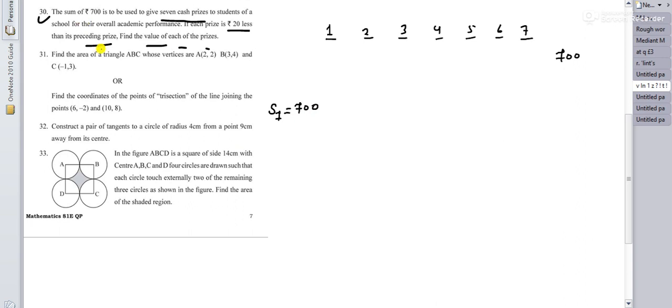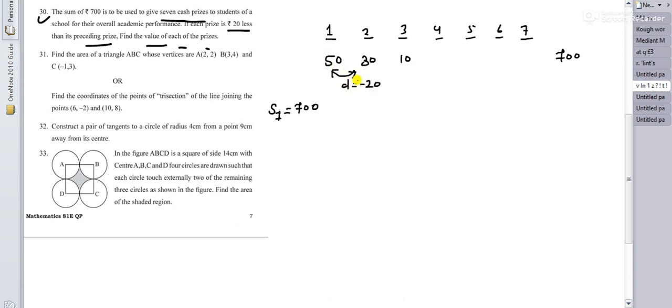Now they had told that each prize is 20 less than the preceding. For example, if this person has got 50, then this has got 20 less, meaning 30, then 20 less than that, that is 10. It means if you see the difference, what is the gap?